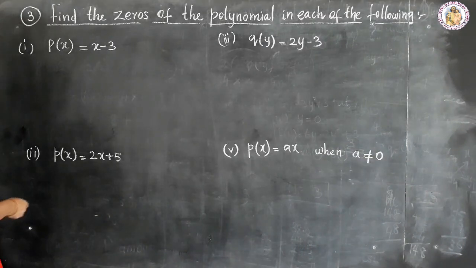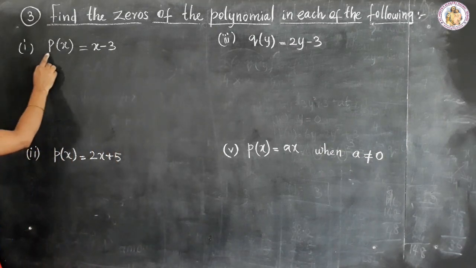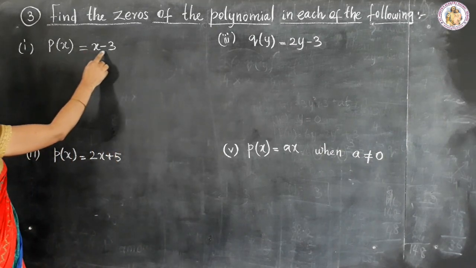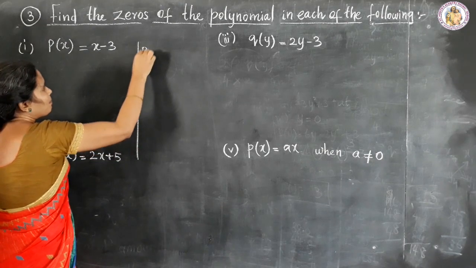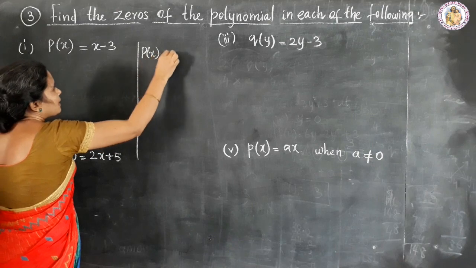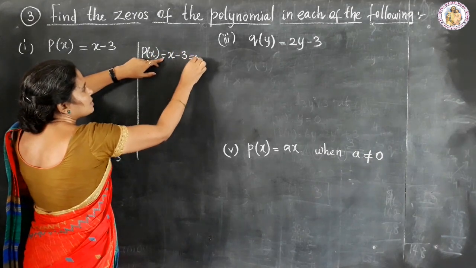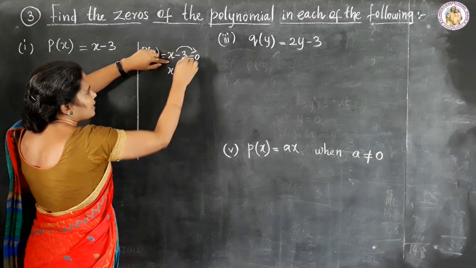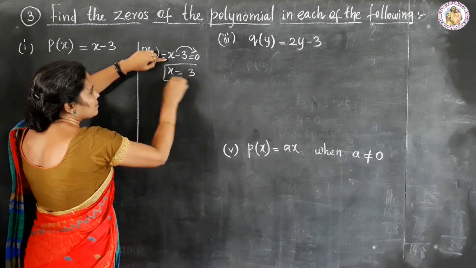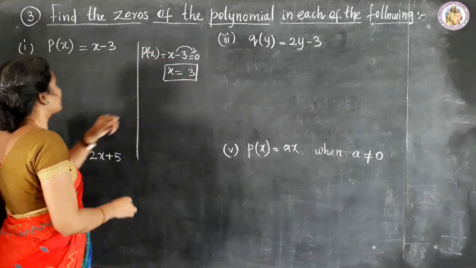Question number 3. Find the zeros of the polynomial in each of the following. Question number 1. p of x is equal to x minus 3. So that you have to make it as 0. So x minus 3, when it goes to right side it becomes plus 3. So x is equal to 3. In the place of x you have to apply 3.